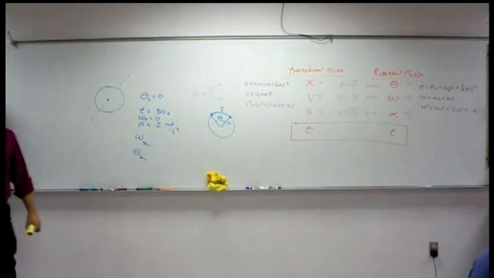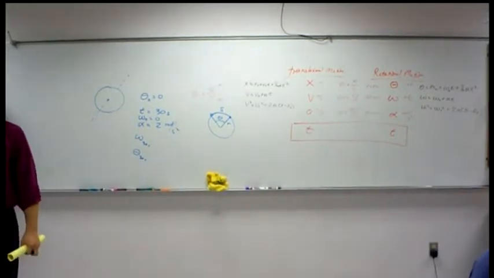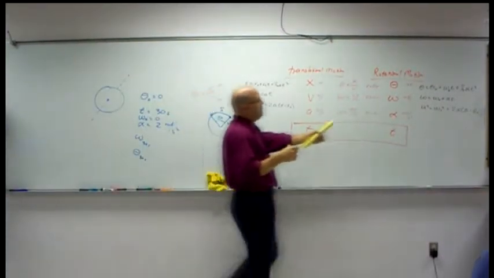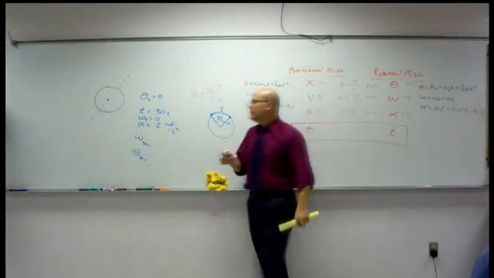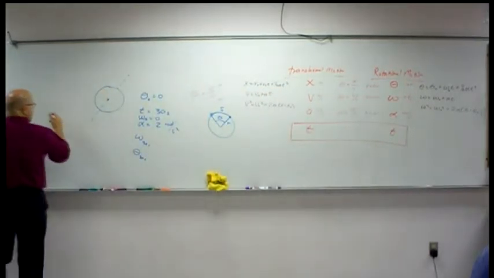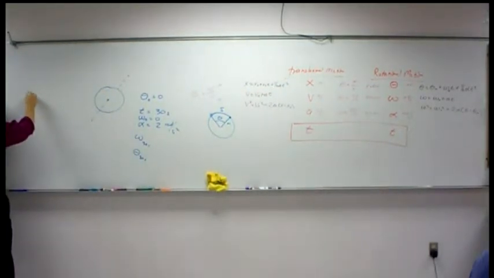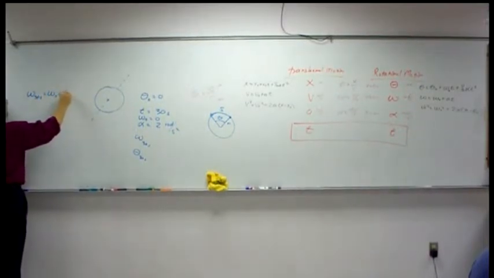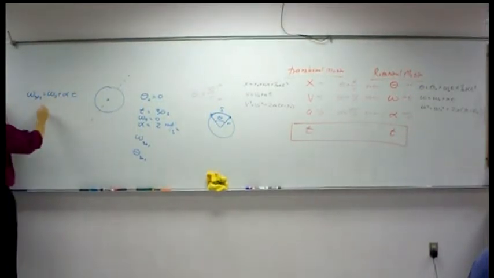Do we have a constant acceleration? Yes. Can we use the constant acceleration equations? Yes, so we can use the rotational equivalent. I want to know what omega is at 30 seconds. So omega naught plus alpha t.